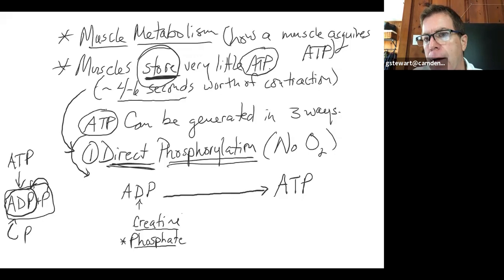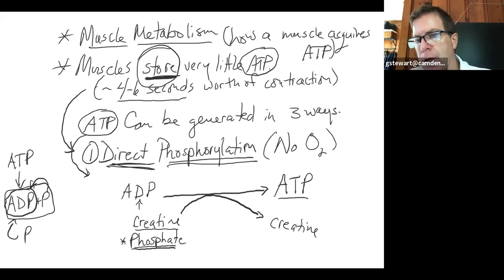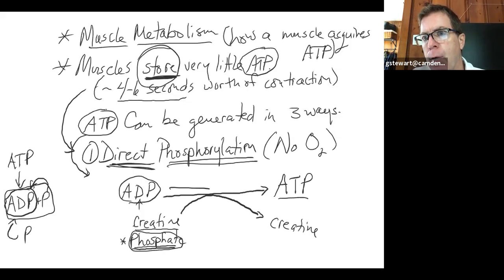So we draw that chemical reaction like this. We've just taken this phosphate on creatine phosphate, stuck it back onto ADP to get ATP, and we end up with creatine without its phosphate, because we've used this phosphate, stuck it on here, and we get now a new ATP.